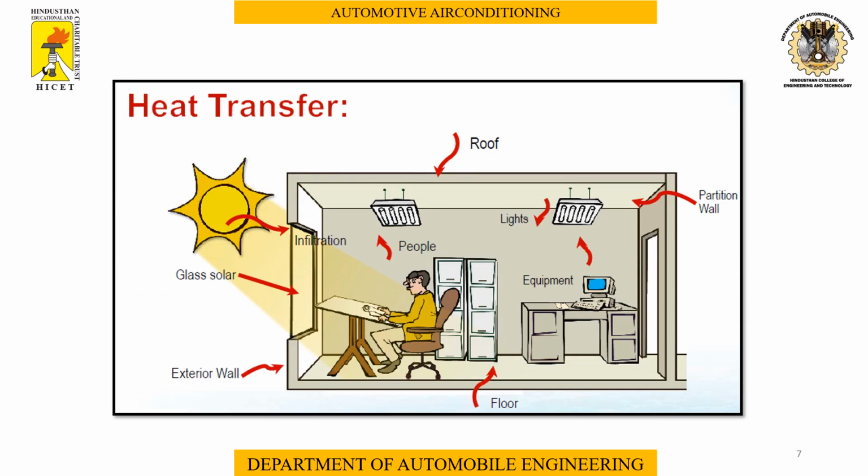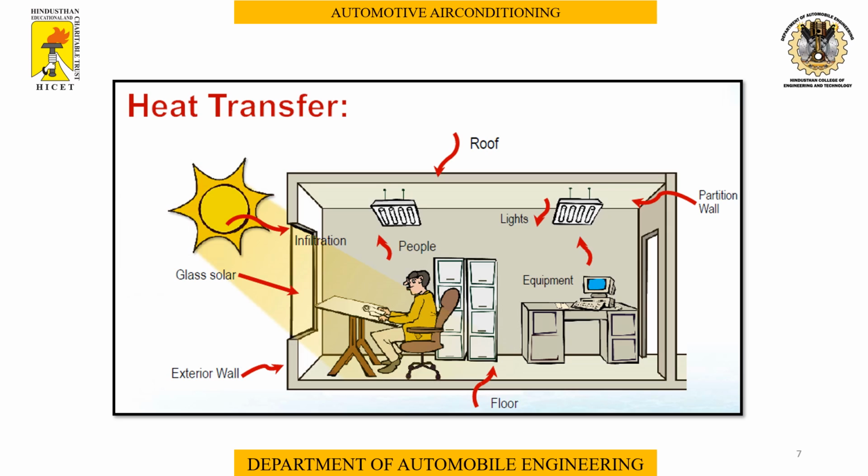Now, this is a simple room. How does heat transfer take place? We have a human being staying inside the room, and a lot of equipment is available, such as lighting and computers. Heat comes from the bottom of the floor, the top of the roof, through the glass, and through the partition wall.